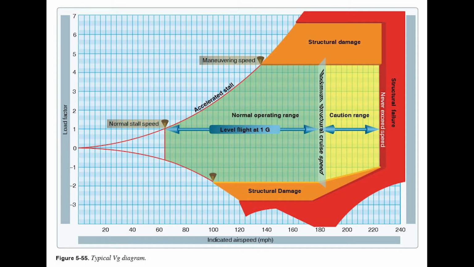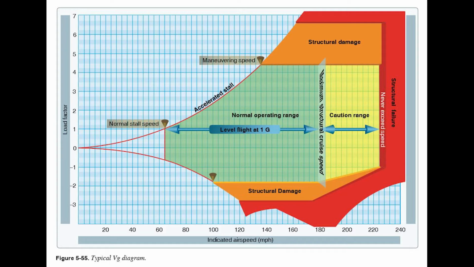The left side is the stall speed. The right side is the maximum speed for the airplane. You'll see maximum structural cruising speed, so that's sort of your maximum speed in rough air. Then you have a caution range, and then you have your never exceed speed. There's a red line up here, and if you go faster than that, all kinds of bad things can happen.